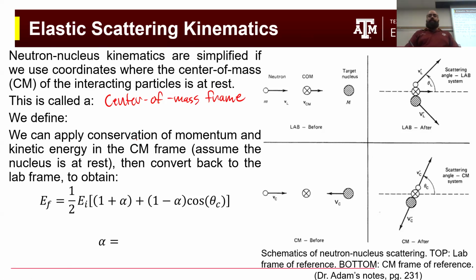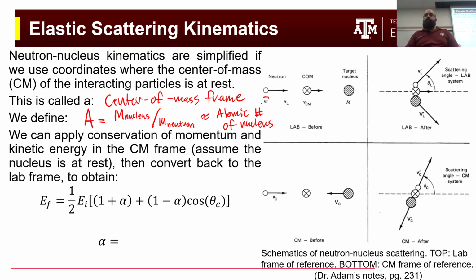So we're going to define something called capital A, which is going to be based on the mass of the nucleus divided by the mass of the neutron. And the mass of the nucleus divided by the mass of the neutron is going to be pretty close to, but not exactly equal to, the atomic number of the nucleus.